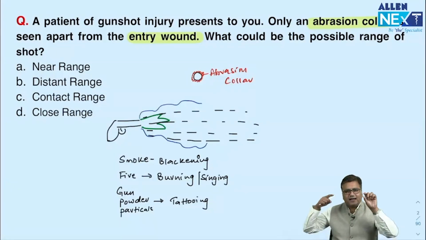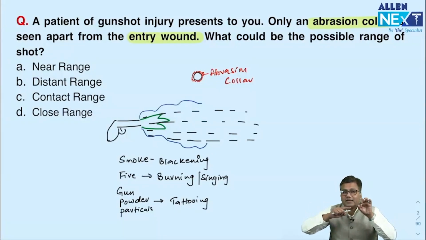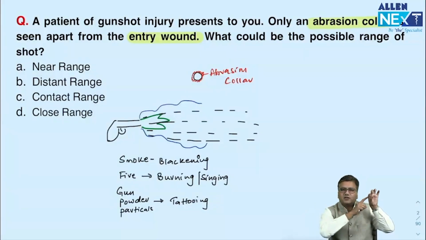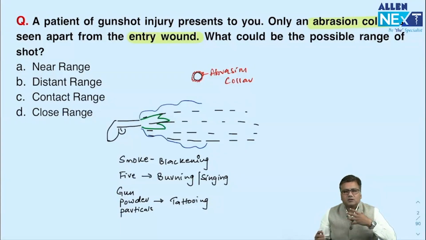Now, when the bullet is entering into the body, as the bullet is rotating on its axis also, because of the rotation of the bullet with the edges of the skin through which the bullet is passing, the bullet causes friction in that area around the entry hole. And that friction is visible to us around the entry hole as abrasion collar.